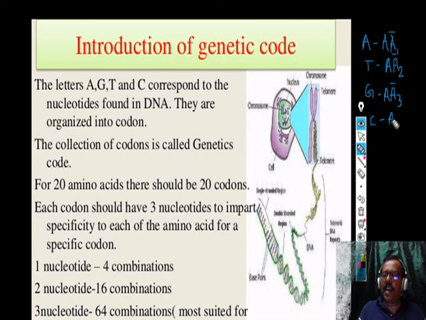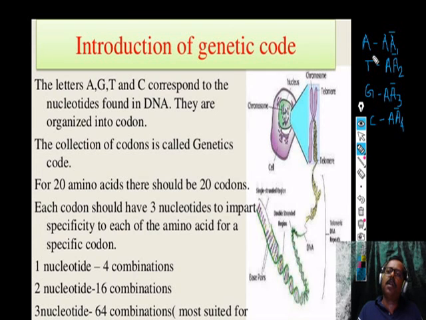If this is the case, then only 4 amino acids will be there. But we know that there are 20 different amino acids. So a single nucleotide will not serve our purpose.